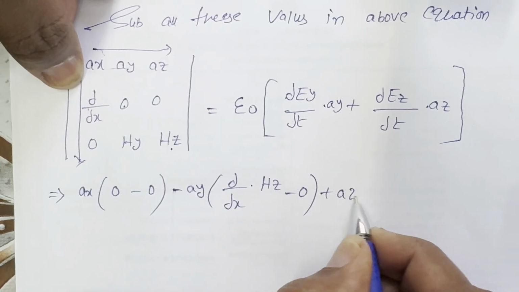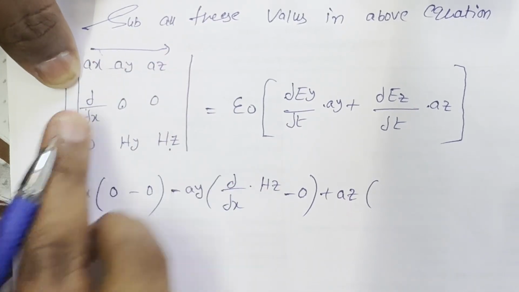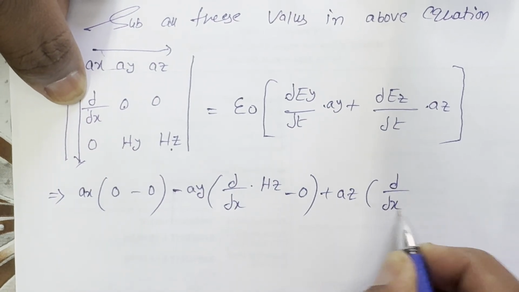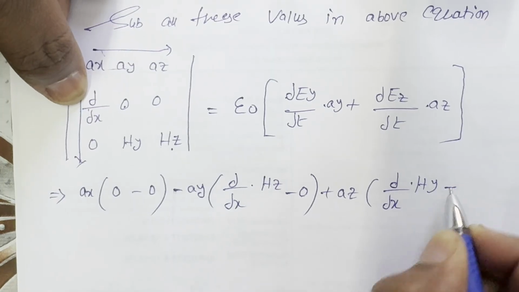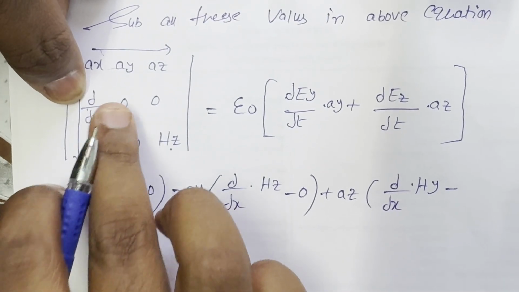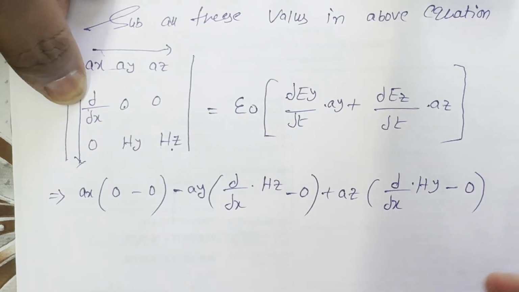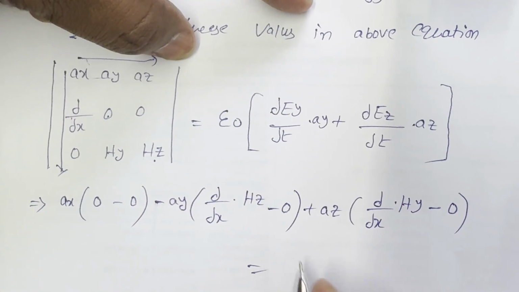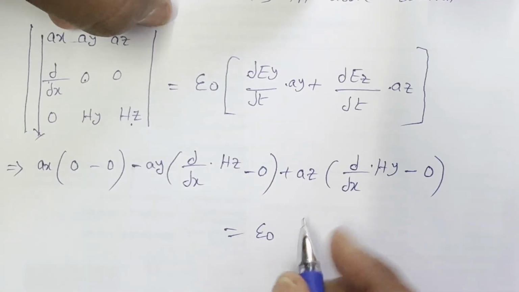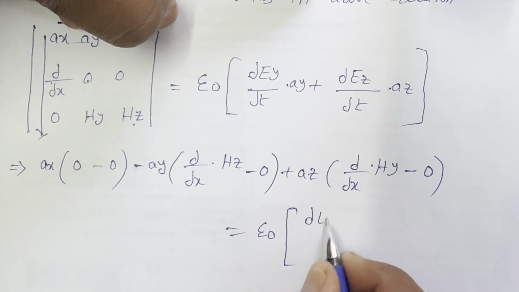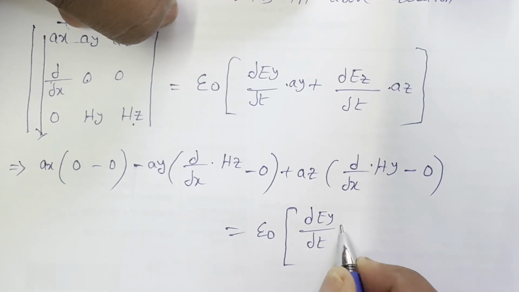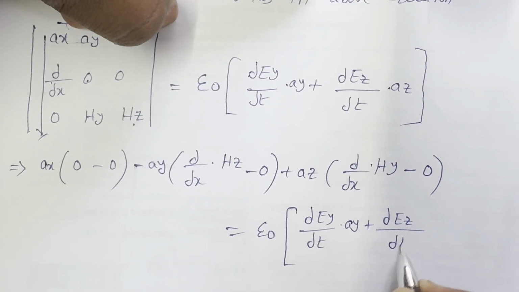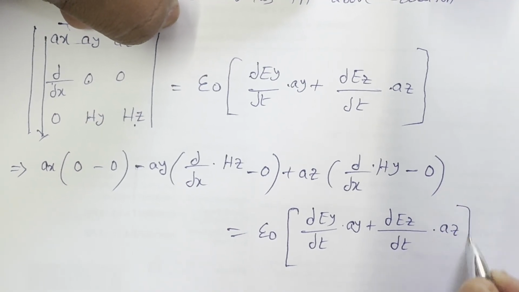Plus Az into the third term, dou by dou x into Hy minus 0 into 0, 0. This equals epsilon naught into dou Ey by dou t into Ay plus dou Ez by dou t into Az.